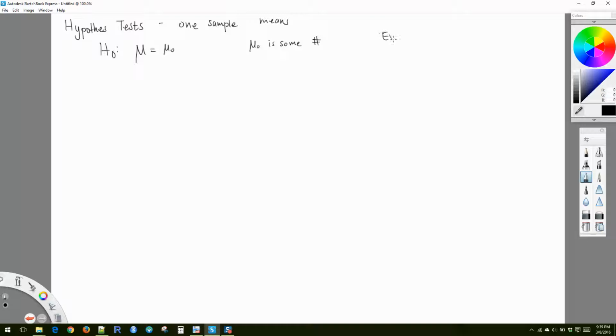So an example would be that the null hypothesis is that mu is equal to 42. The alternative will be that mu is not that number, or mu is greater than that number, or mu is less than that number.